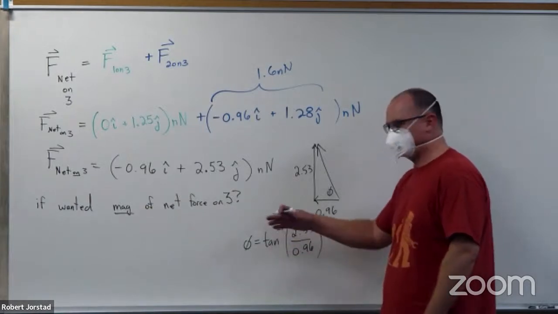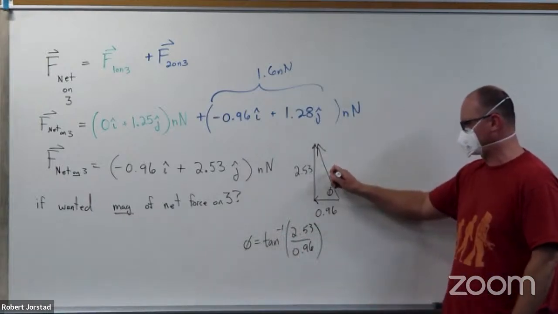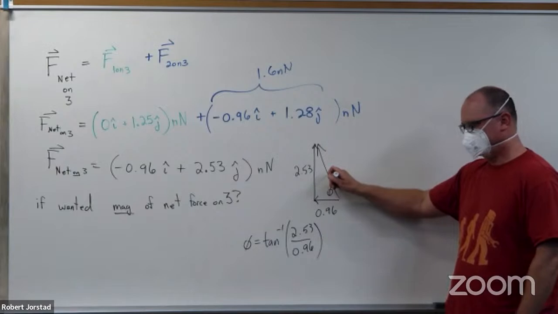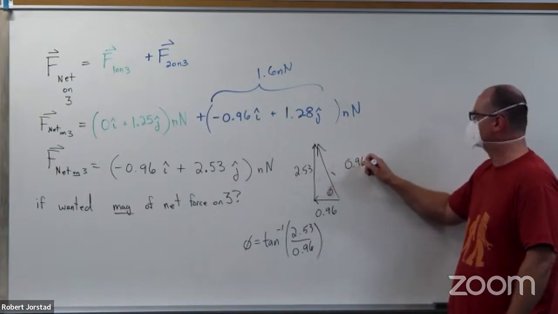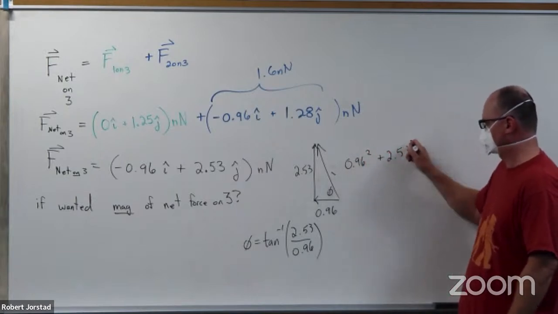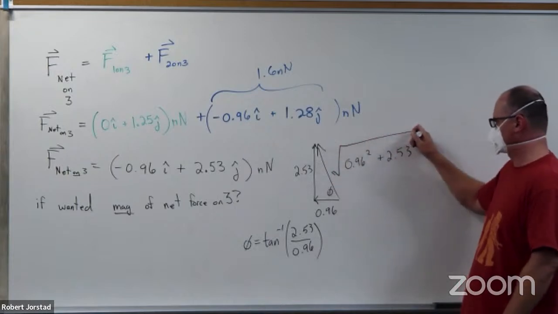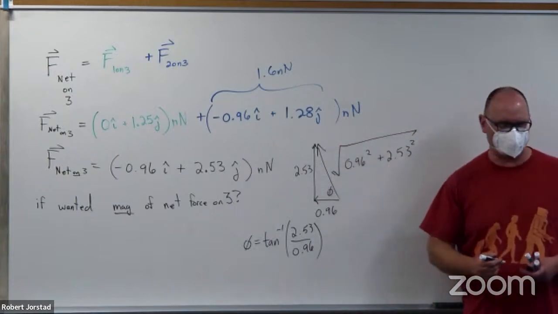And then you can think about minus signs and whether or not you want to use it. Ryan, what were you saying here? This side is? It's 0.96 squared plus 2.53 squared, all square rooted. And so you can get the magnitude and the direction.